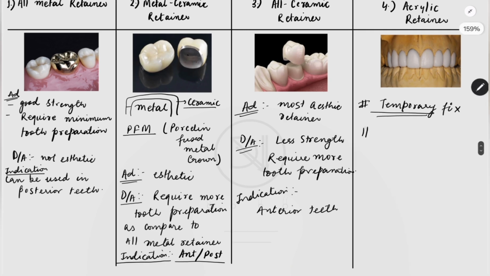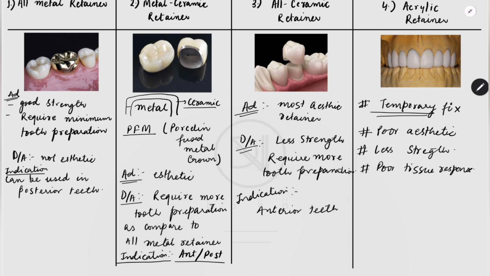They have poor aesthetics, less strength, and poor tissue response, so they are temporarily used. So this was all about the classification of the retainer. Next we will read about the criteria for the selection of the retainer.